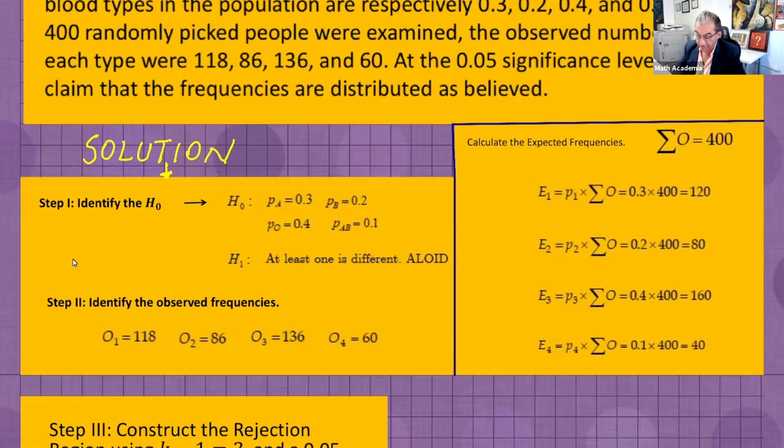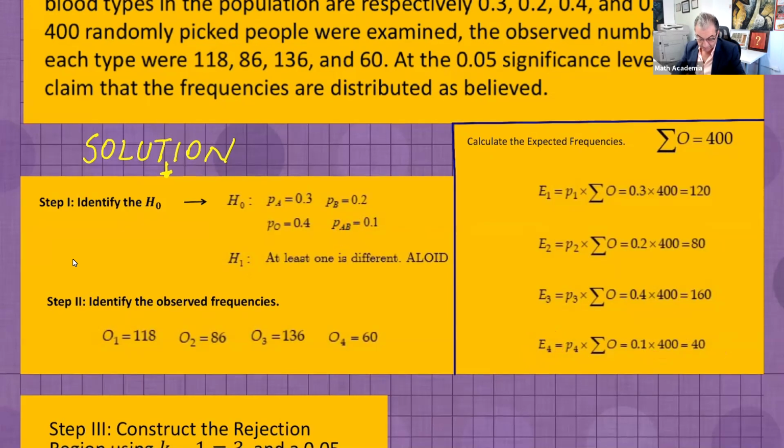So it's going to be 30% of 400, which is what we expect to have, 0.3 times 400. E2 or EB is 20% of 400, which is 0.2 times 400, which is 80. E3 is 0.4 times 400, which is 160 or 40% of 400. And finally, E4, which is EAB, is PAB times the sum of the observed values, or 400, which is 40. So that's pretty easy to calculate.